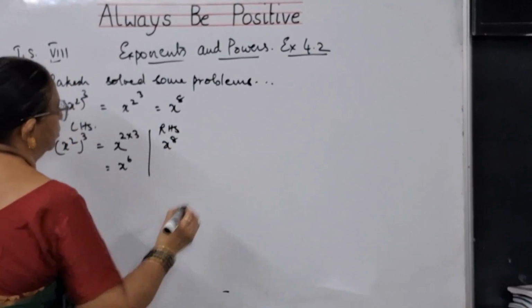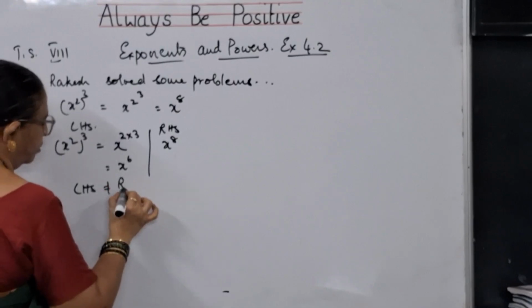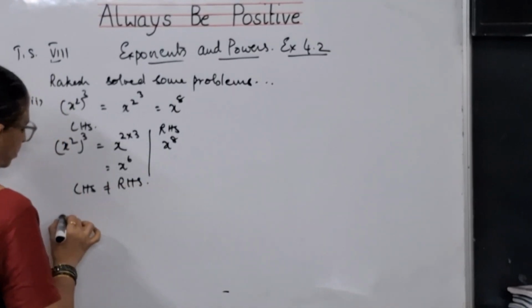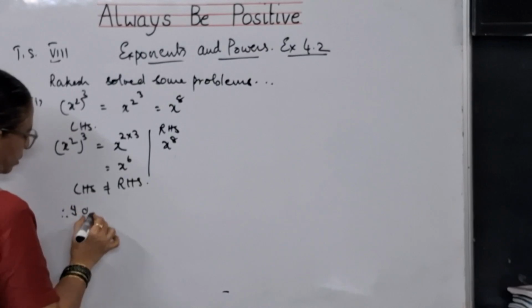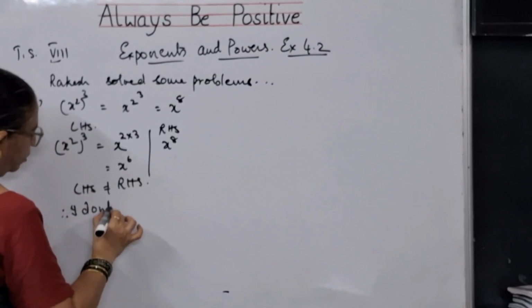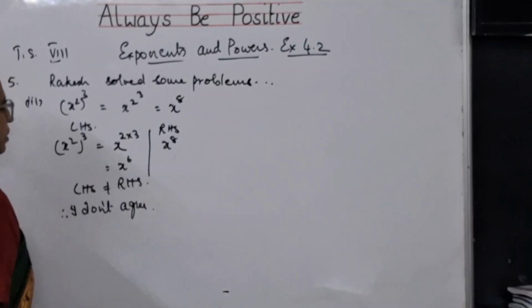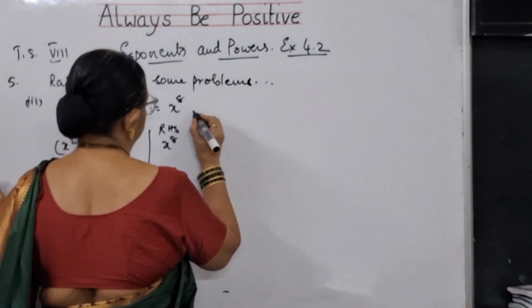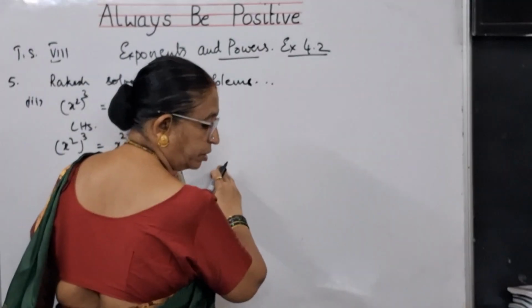X to the power of 8. So LHS is not equal to RHS. So I don't agree. This cannot be, it is not correct. This is third bit.